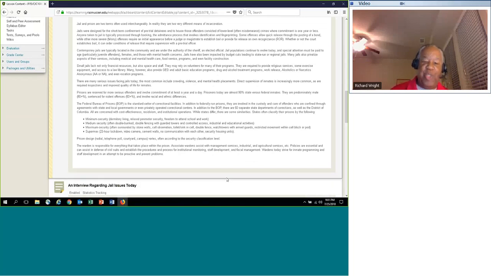The warden is responsible for everything that takes place within the prison. Associate wardens, I can tell you that here, for example, the correction officers, when you reach the level of lieutenant or major, and most of the time the majors, if they're on hand, are placed over the prison.